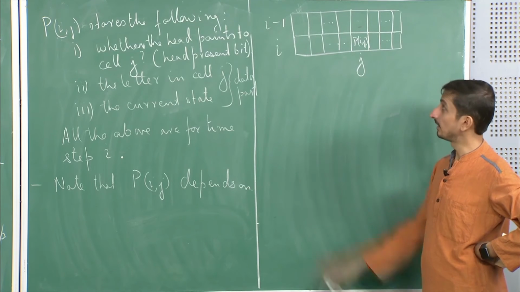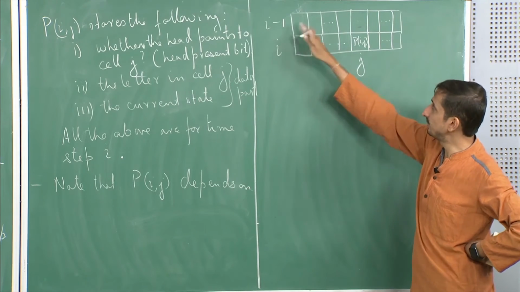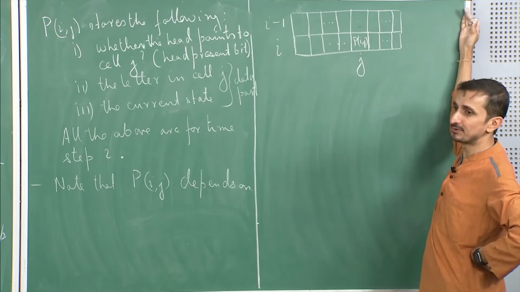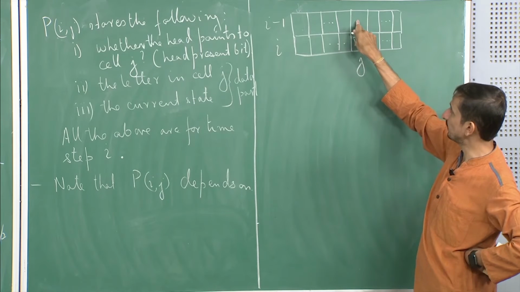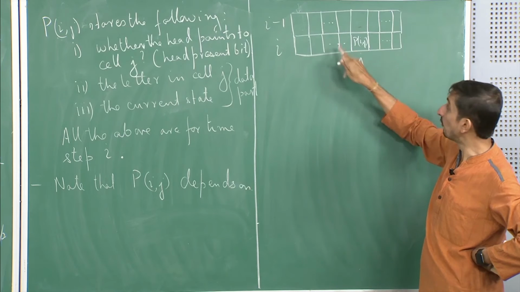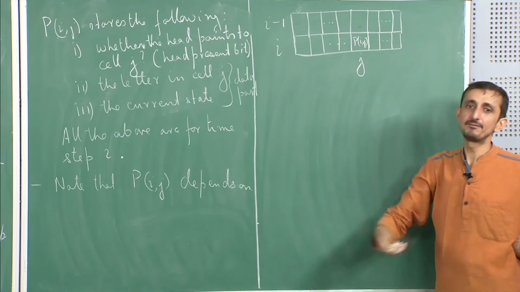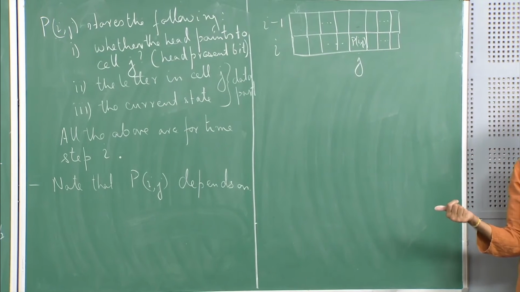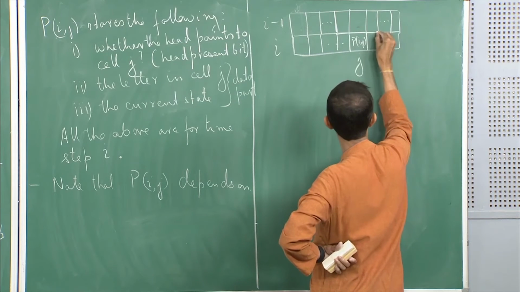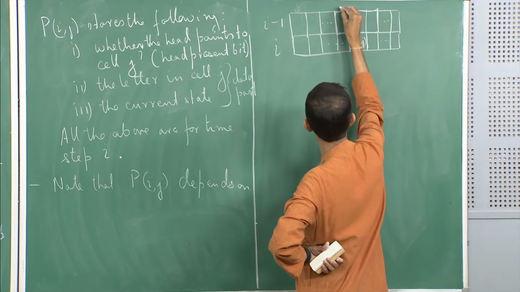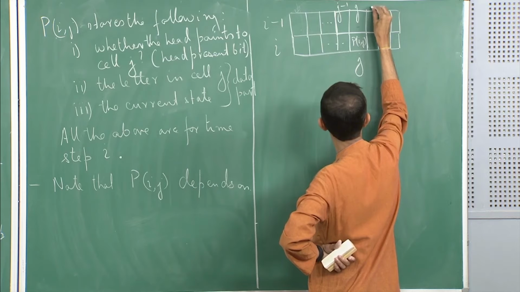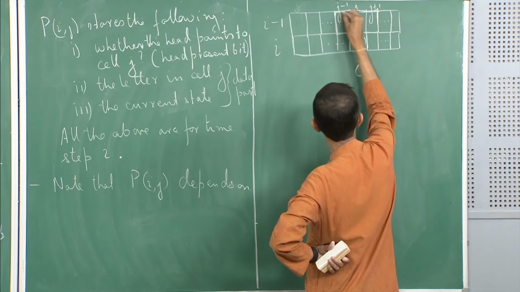If it is beyond j minus 1 or after j plus 1, then it cannot affect this, and whatever was here, the same thing gets copied over here. So only the neighboring cells will decide whether that character changes or not. So it will depend on just these 3 cells: the (j-1)th cell, the jth cell and the (j+1)th cell.